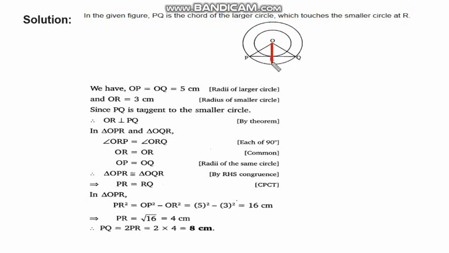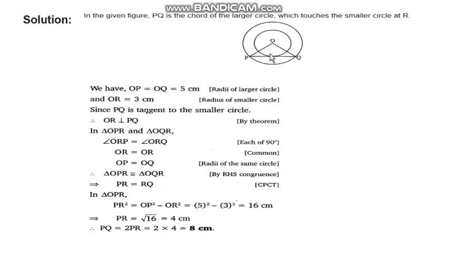Now you can see that this forms two triangles, triangle OPR and triangle OQR. This is one triangle, shaded, and this is the other triangle. So these two triangles are formed.